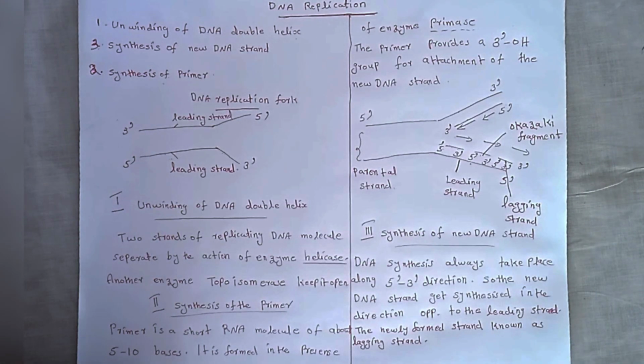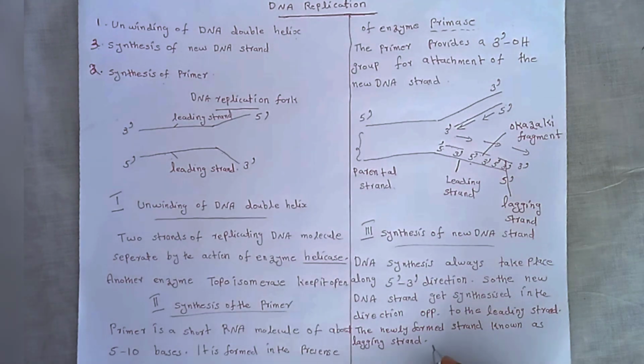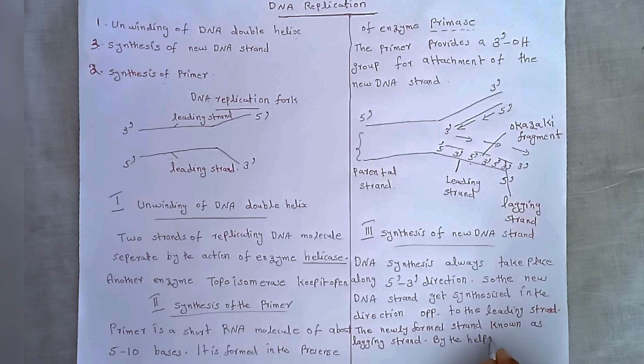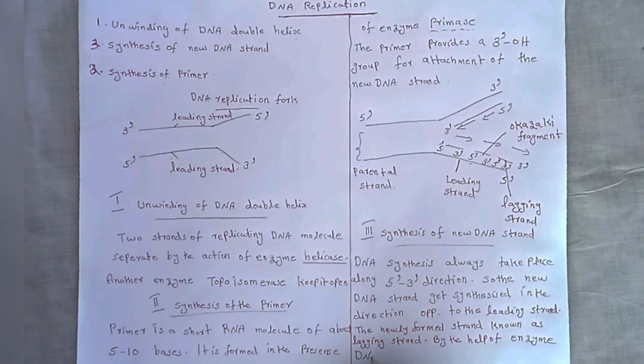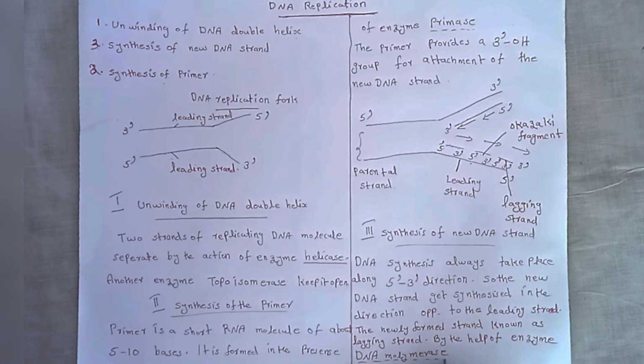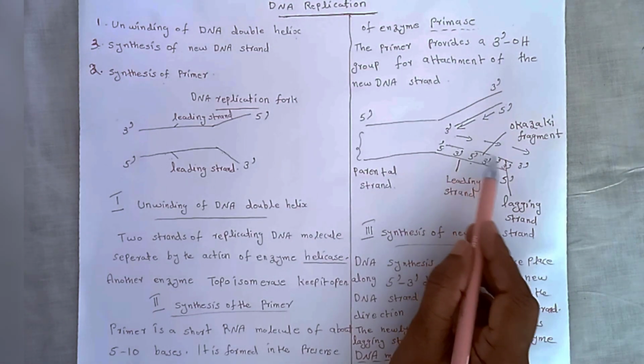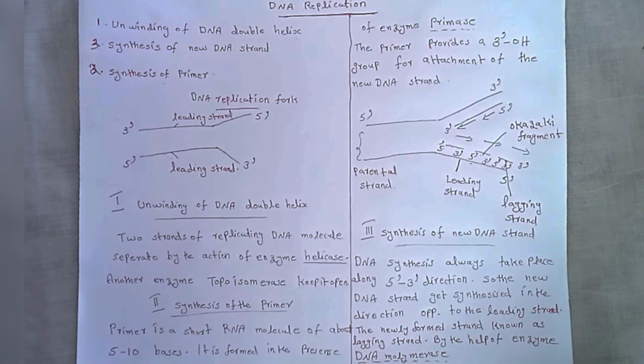One of the enzymes that helps in this process is DNA polymerase. The new pieces of DNA are known as Okazaki fragments.